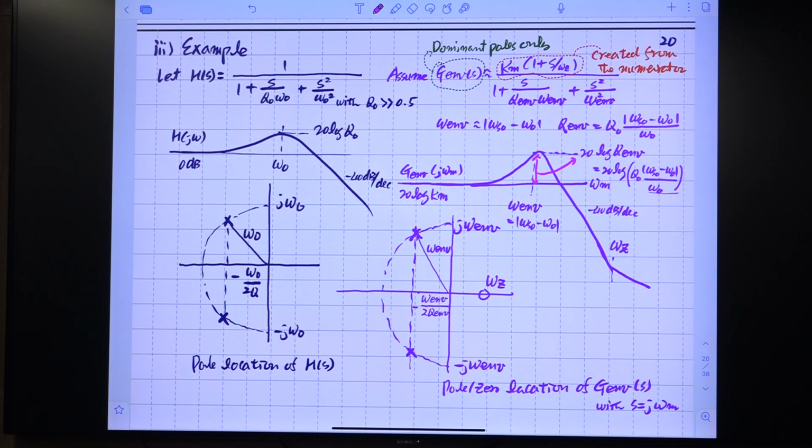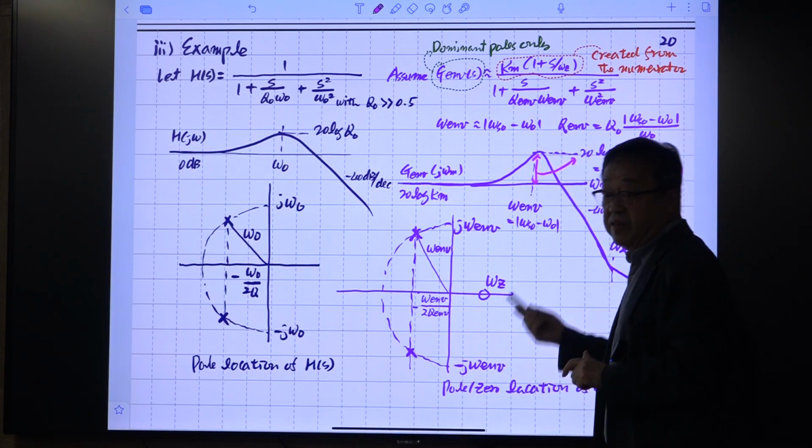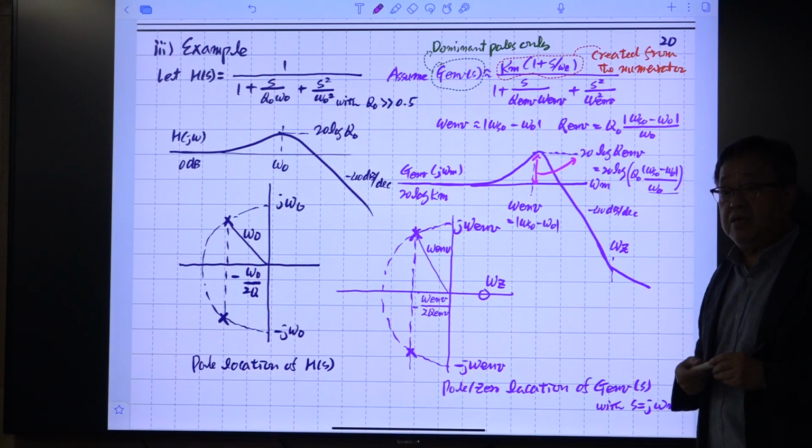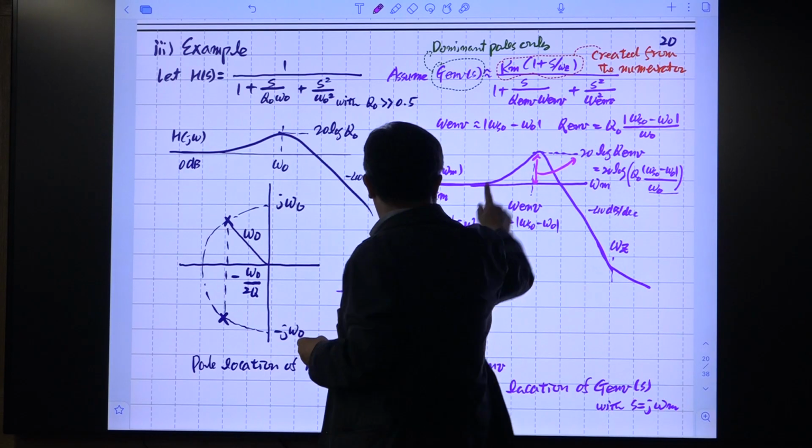It's called the beat frequency. Beat, like a heartbeat. Your heart is always beating, otherwise you are dead. So this is the heartbeat frequency. It's simply the difference between the switching frequency and the tank resonant frequency. So that is where this dynamics is coming from.